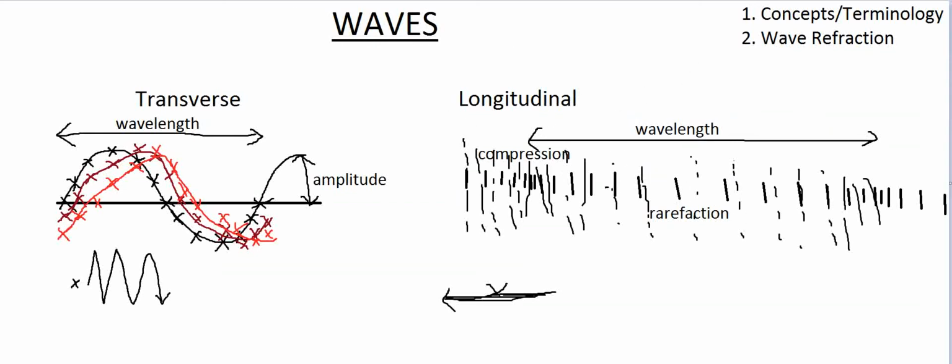Let's say this particle is near the rarefaction, it is maximally displaced from its equilibrium position. So this is the amplitude.